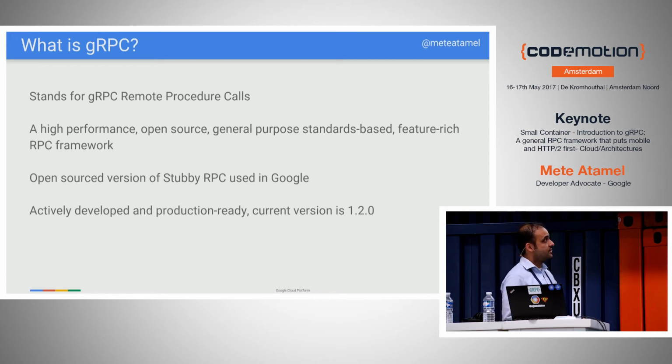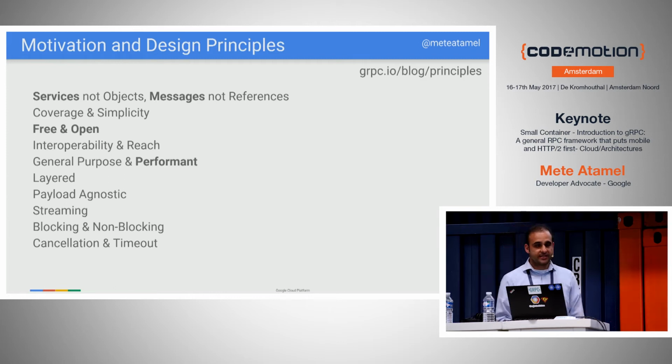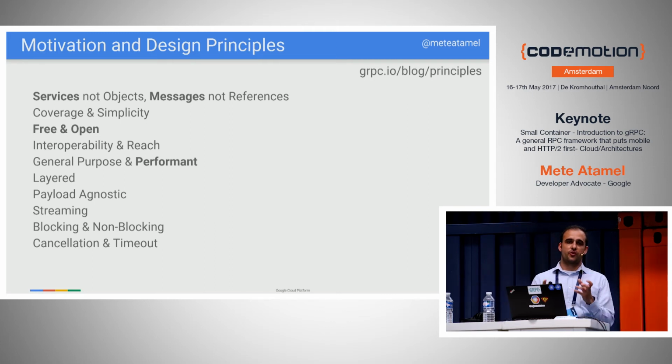It's been developed by a community, and the latest version is, I think, 1.2. It's out there on GitHub, so you can actually look at the code. You can contribute if you want to. There is a website that explains the design principles of gRPC. I'm not going to go through all of them, but I just want to point out a couple of things. The first thing is, in gRPC, we think of services and messages.